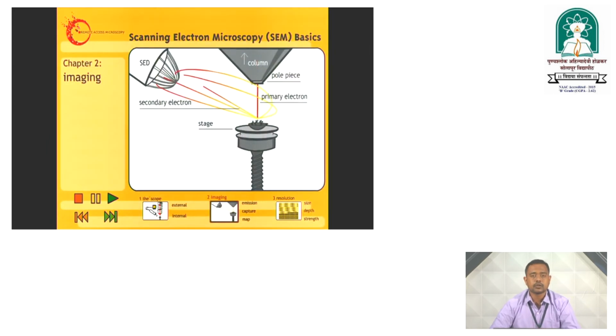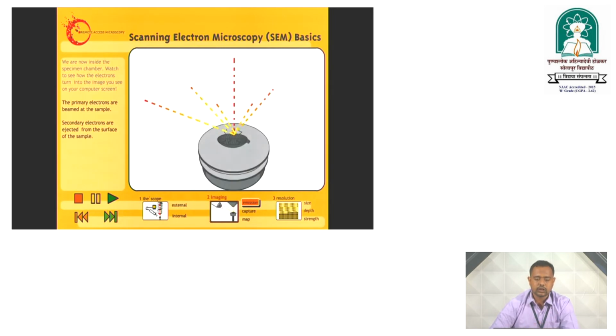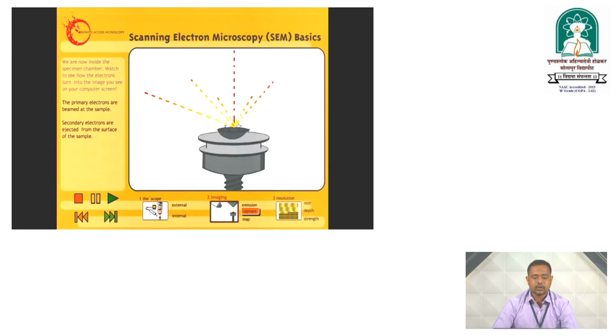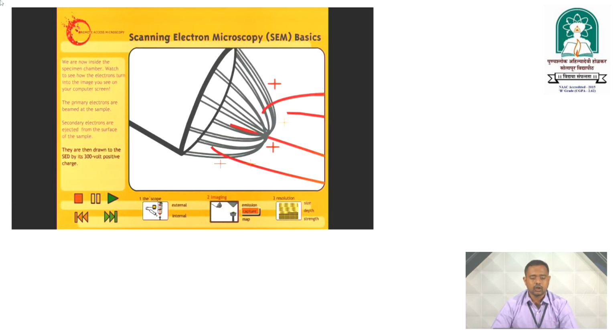How is this process happening? Here we have the column, and the pole pieces eject the primary electron onto the surface. Once the electrons interact with the sample specimen, the secondary electrons come back from the surface after the interaction, and these secondary electrons are detected through the secondary electron detector.